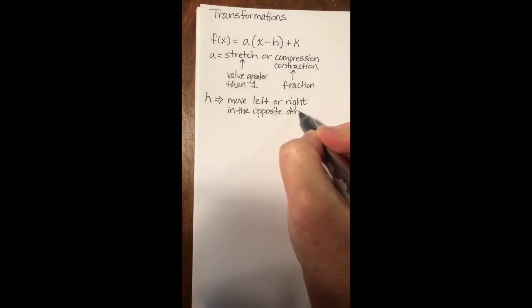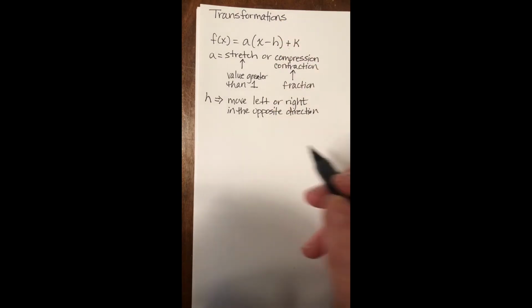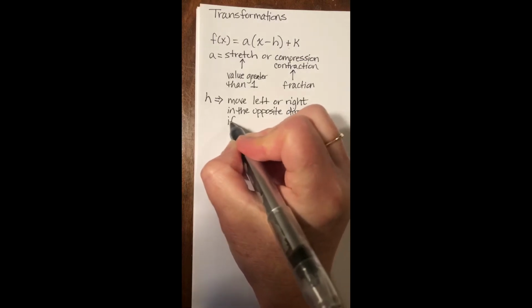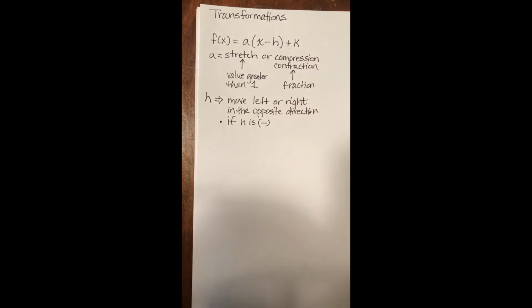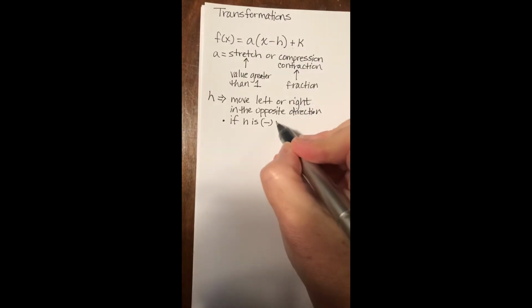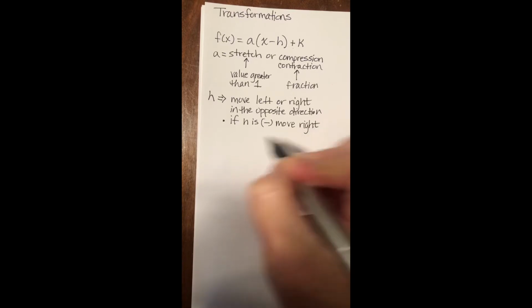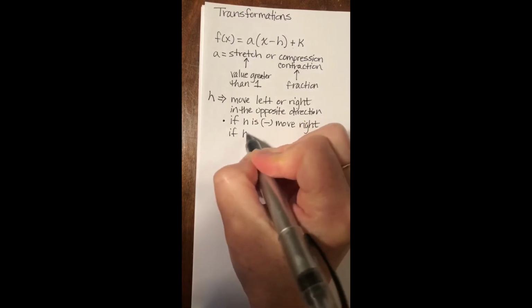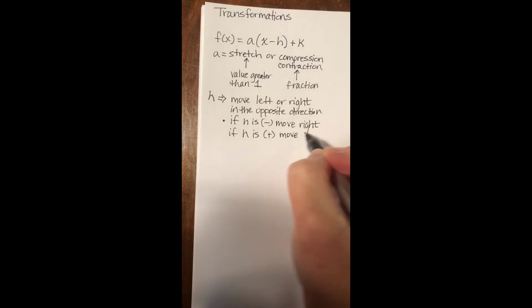So you have to remember that if h is negative, then you're actually going to move right. If h is positive, you're going to move left. So I'm going to put that here also. If h is negative, then you're going to move right. If h is positive, you're going to move left.